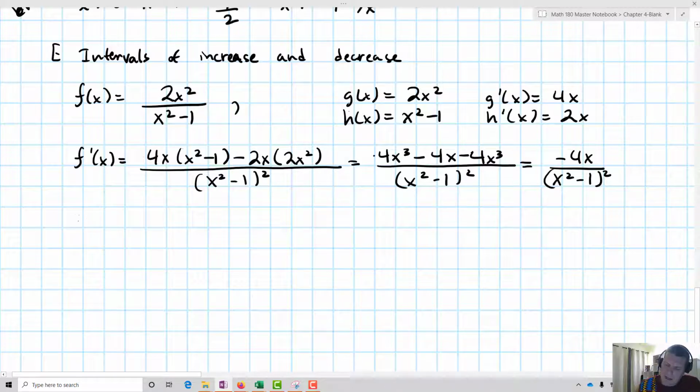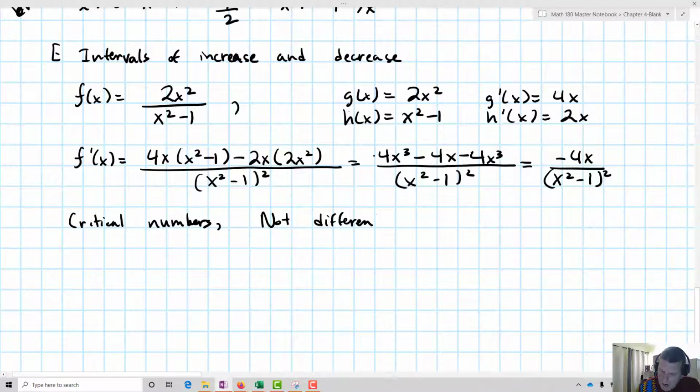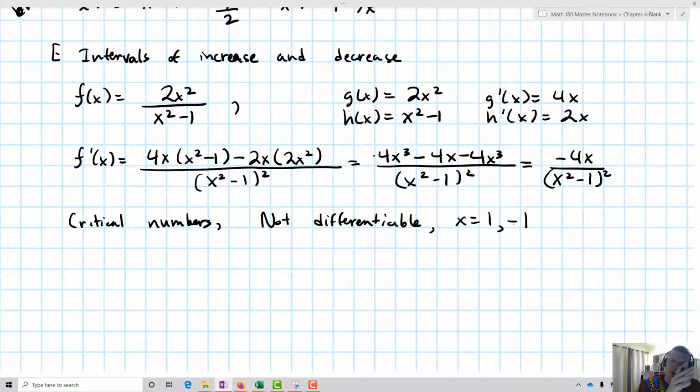Now, let's go find our critical numbers. We're going to have not differentiable at the points that you should be expecting at this point, and that's going to be for x equal to 1 and negative 1 at our asymptotes. So that's where our function is not differentiable. We're going to need to make sure that we include those when we check for increasing and decreasing.